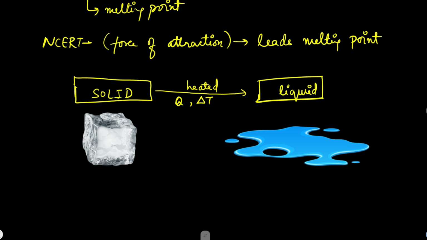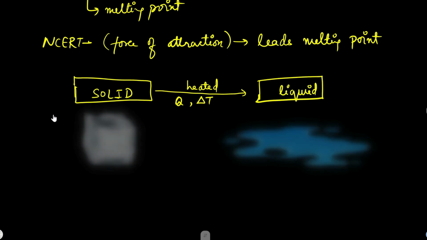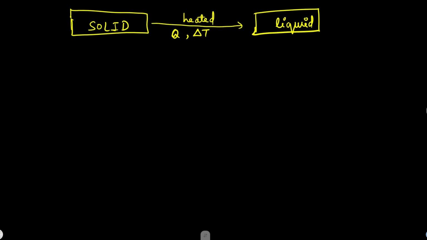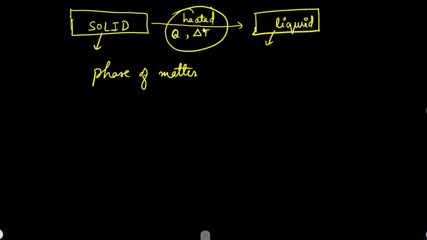Before we deal with the melting and boiling point, we have to understand what a solid is and what a liquid is, because these two are the phases of matter, which decide why extra heat or temperature is required for changing their state from solid to liquid.